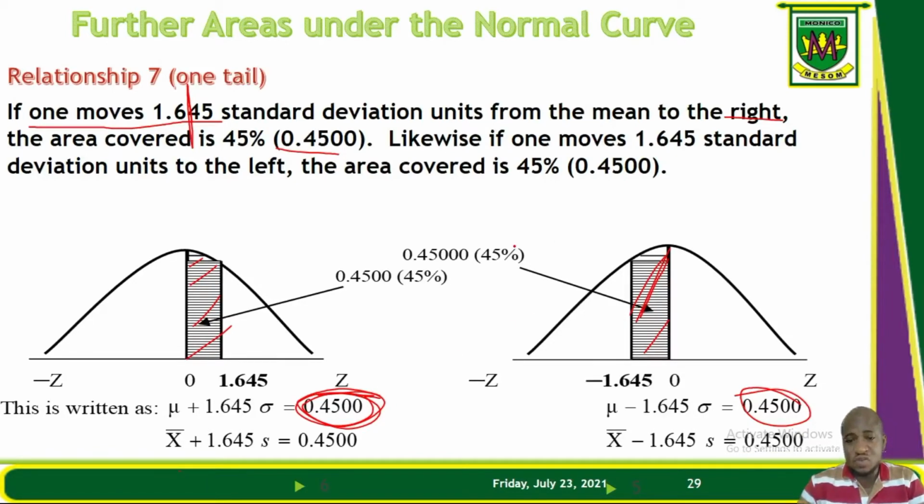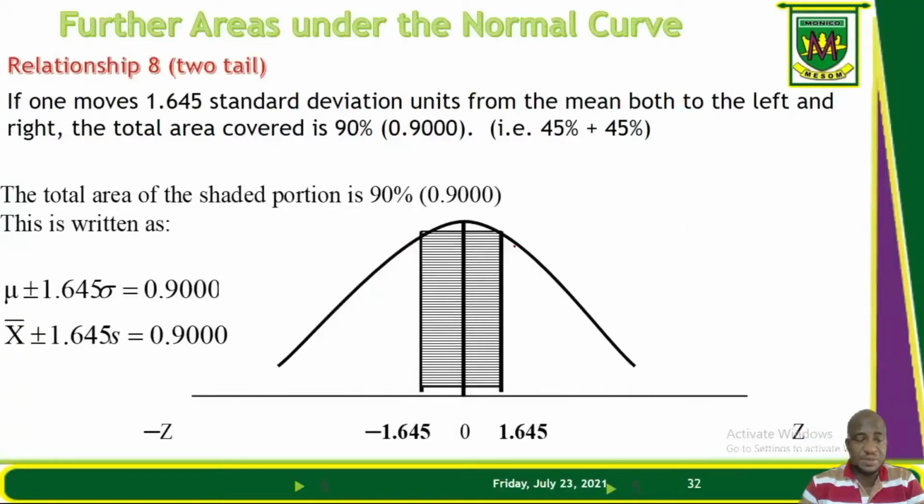Okay, now let's move to the 8th relationship. The 8th relationship is also two-tailed. And remember, anytime it's two-tailed, we don't stress ourselves. We first find the one tail, and the answer we get, we add it to itself.